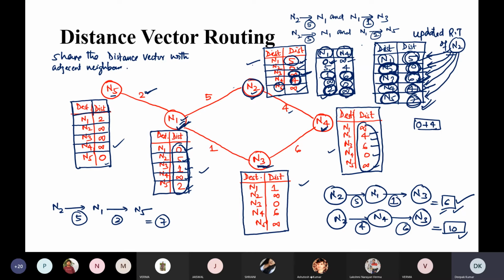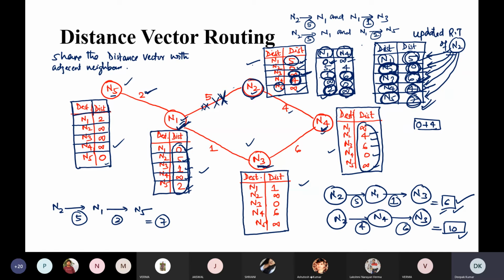All the time this information is shared by all other nodes, because sometimes, suppose this path is disconnected, finally N2 will have only one link between N2 and N4.